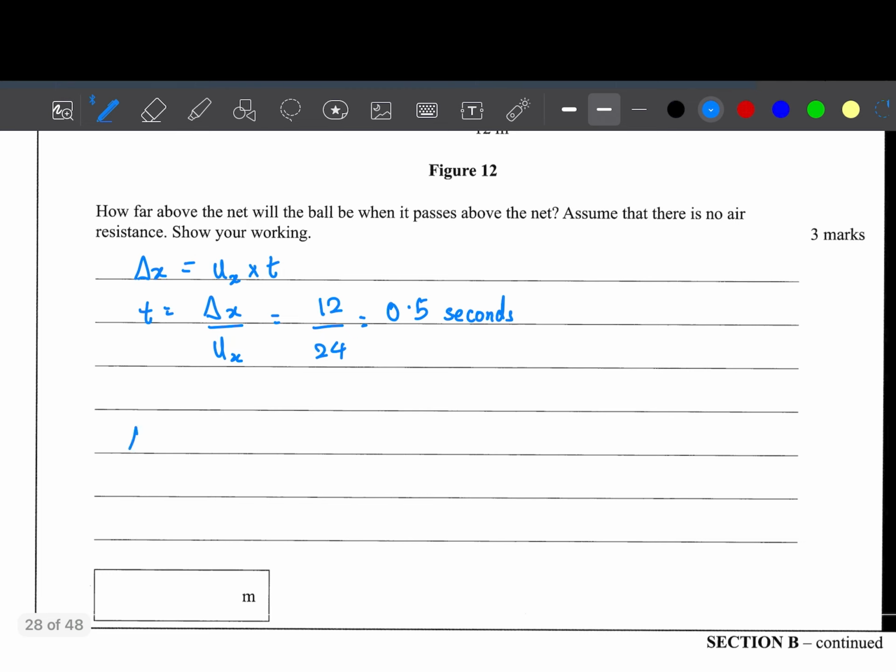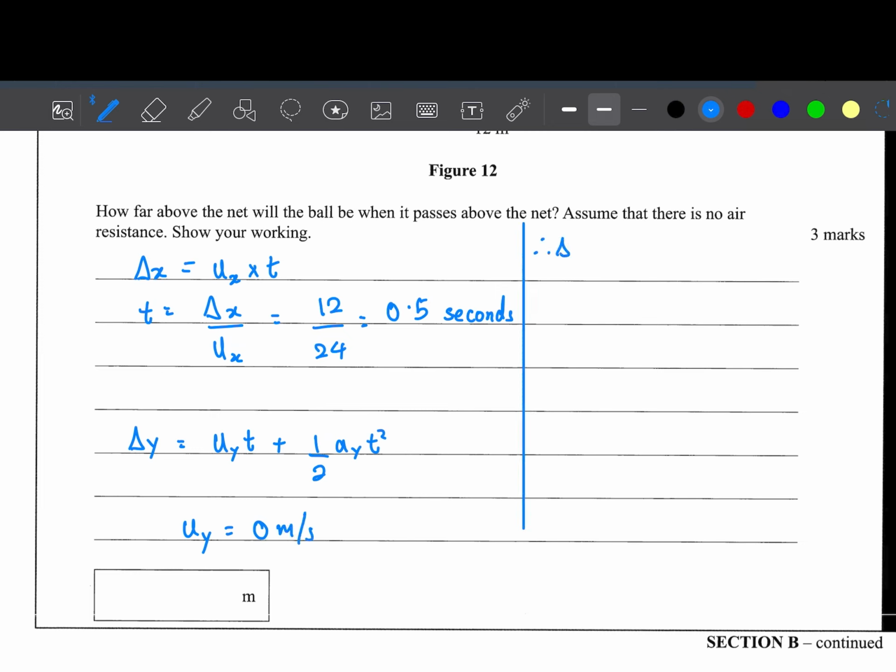So Δy is going to be u_y t plus half a_y t squared. So we know that there is no initial vertical velocity, so u_y is just going to be 0 meters per second.